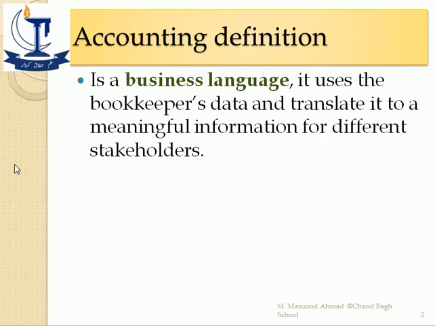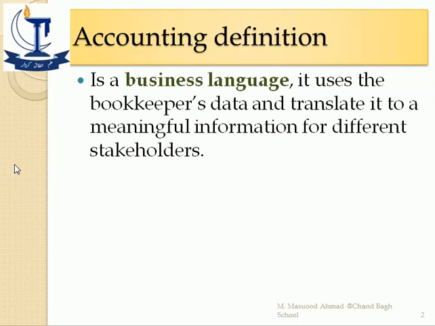It's just a language of business which tells something to someone. And who are those someones? These are the stakeholders. So what is meant by stakeholders? Stakeholders are all the individuals who are directly or indirectly related to your business.